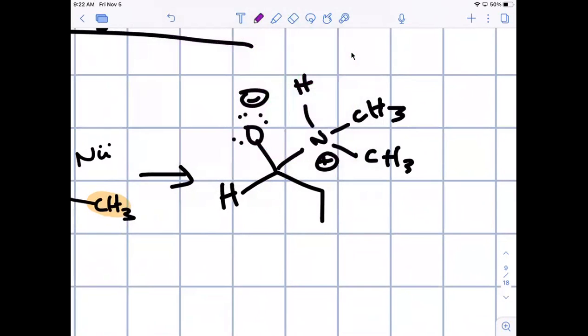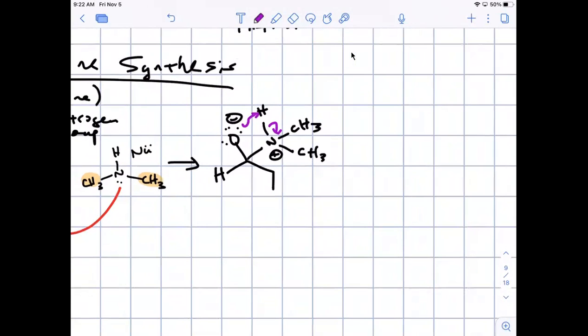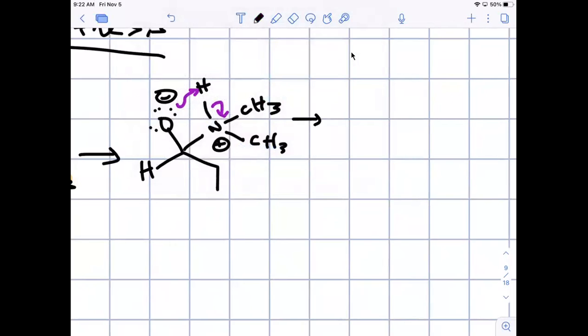All right, so I'm going to take this proton right here, and I'm going to give that pair of electrons back to nitrogen. This is acid-base chemistry from Organic 1. It's not groundbreaking, earth-shattering new stuff. All right, so now I'm at this intermediate.